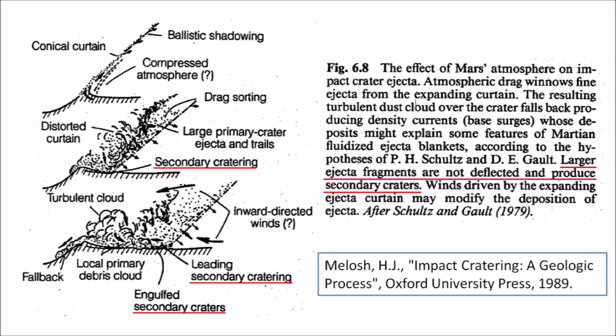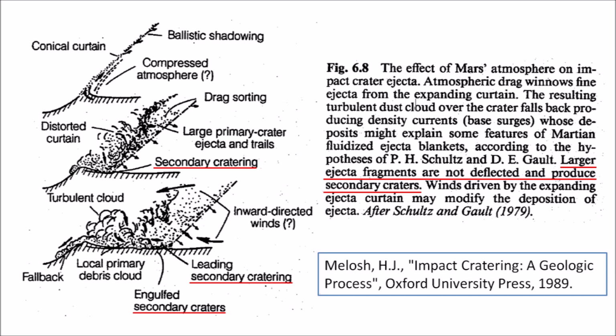The book on impact cratering by Professor J. Meloche describes the effect of Mars' atmosphere on impact crater ejecta. Atmospheric drag winnows fine ejecta from the expanding curtain. The resulting turbulent dust cloud over the crater falls back, producing density currents whose deposit might explain some features of Martian fluid ice ejecta blankets, according to the hypothesis of Schultz and Gault.